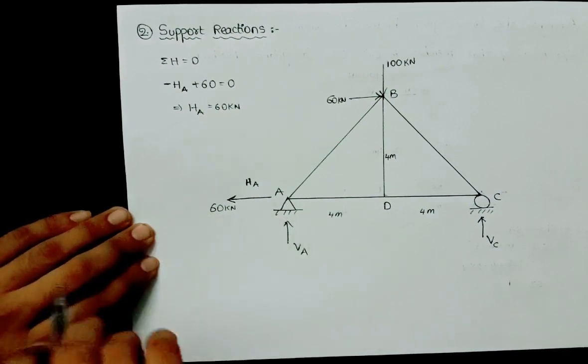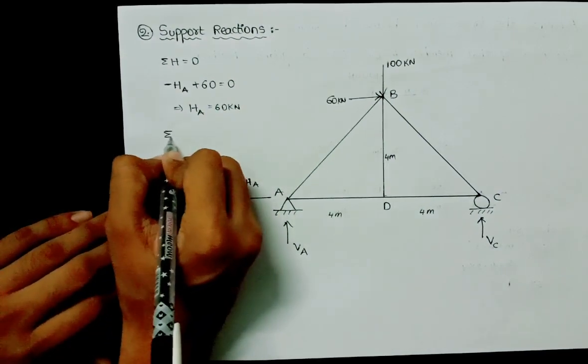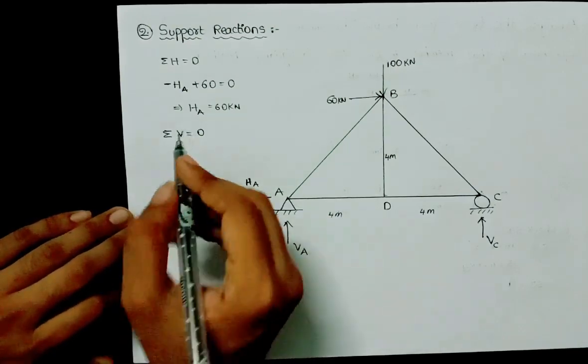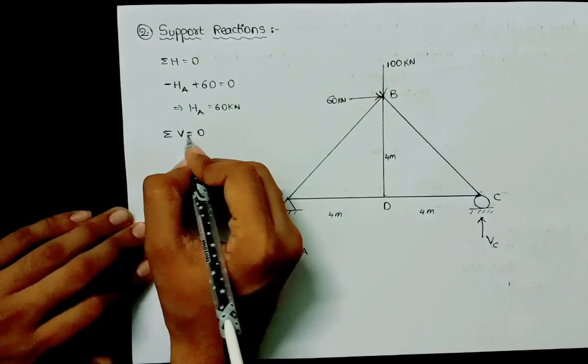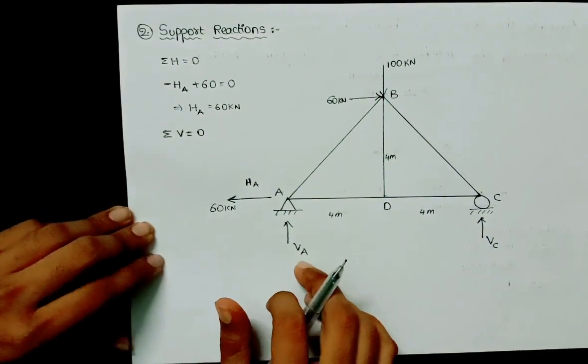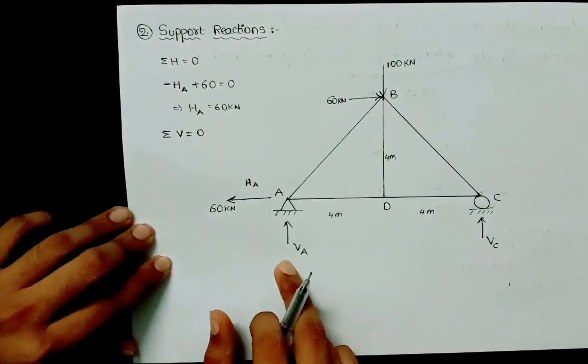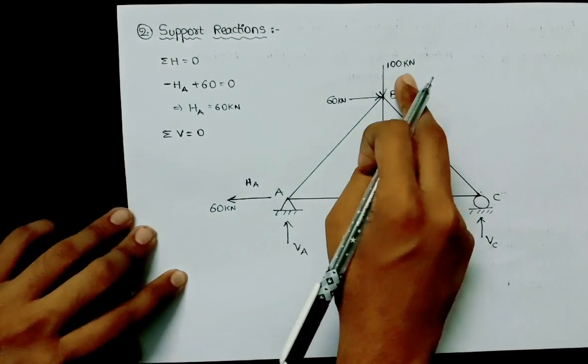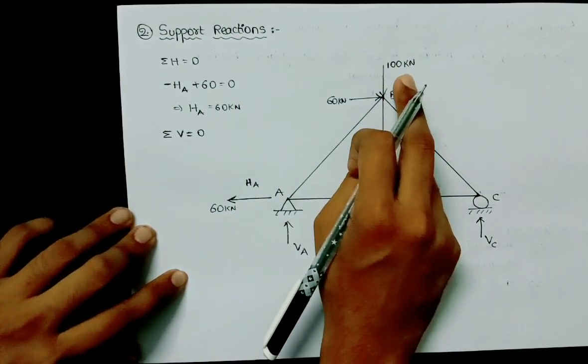Next vertical reactions. So I will apply the next equilibrium equation, sigma V equal to 0. Algebraic sum of all the vertical forces is equal to 0. What are the vertical forces we are having? VA is one vertical force, VC is one vertical force, and 100 kilonewton is another vertical force.